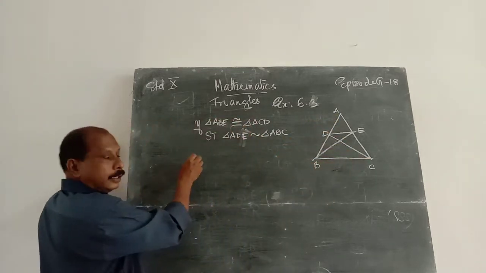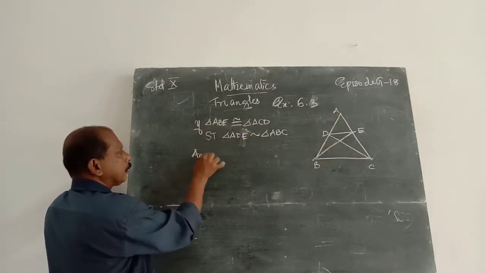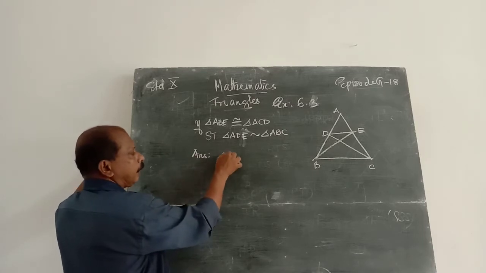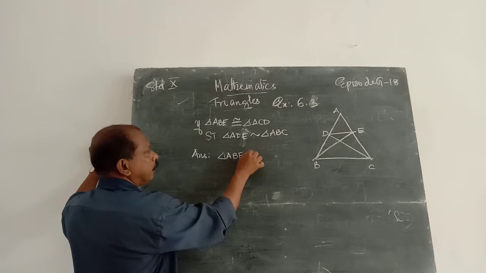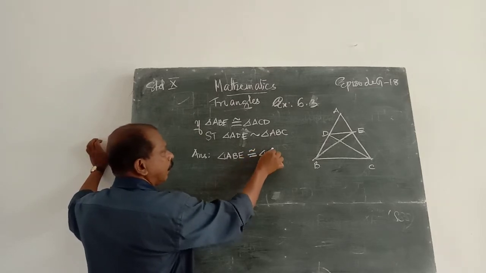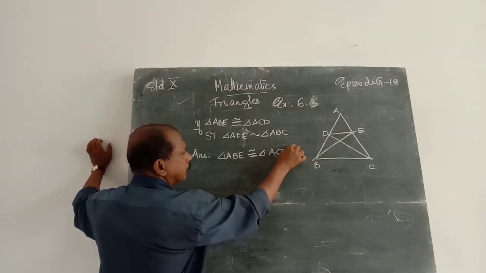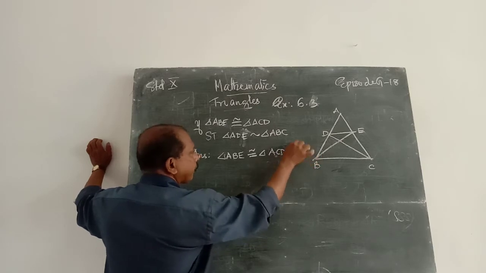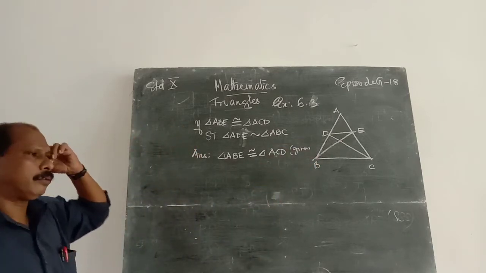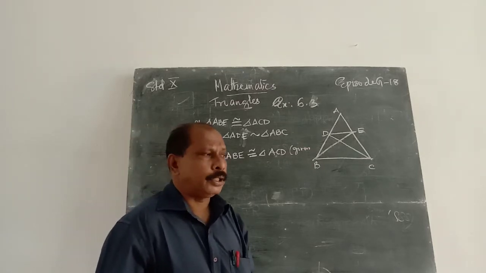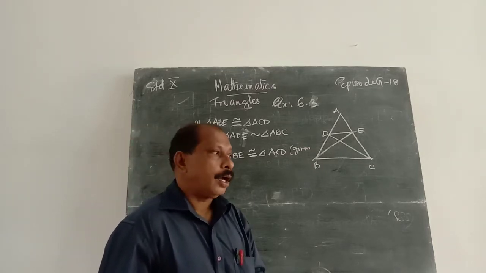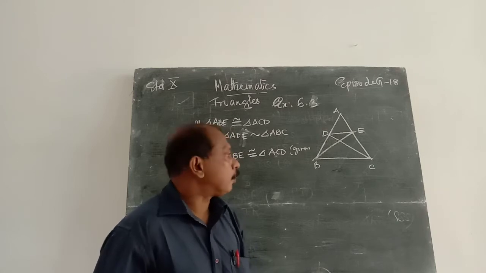That means the answer is: triangle ABE is congruent to triangle ACD. That is given. Therefore, if two triangles are congruent, their corresponding sides are equal and also corresponding angles are equal.